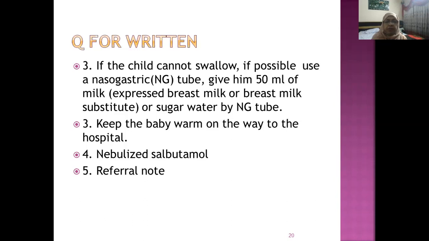And if you listen to wheeze, then nebulize the child with salbutamol and refer the child with the referral note with the classification and what type of treatment you have given as a pre-referral medication. What you have given, you have to write it in your pre-referral note.